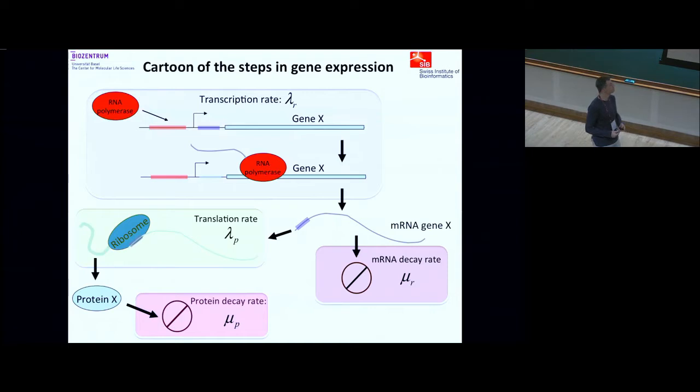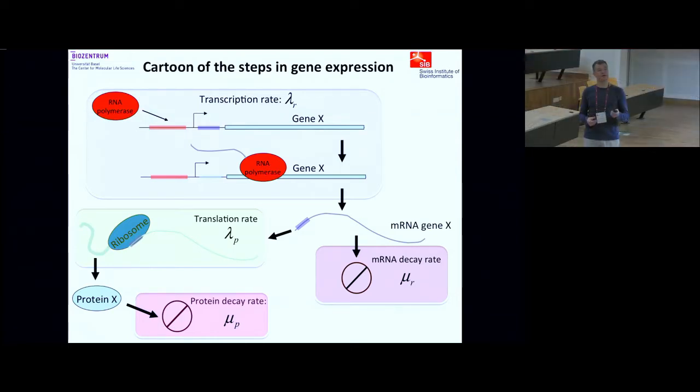Then, for each mRNA that now exists in the cell, there is also a roughly constant rate at which a ribosome will come and start translating this mRNA. So there is some translation rate, lambda p, which is the probability per unit time per mRNA that another translation event starts. mRNAs can also decay, so there is some rate per unit time, probability per unit time per mRNA that it will decay.